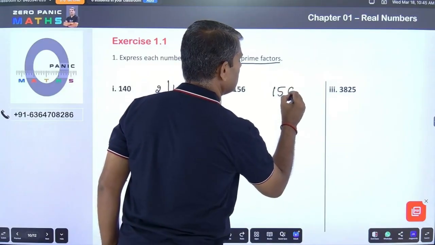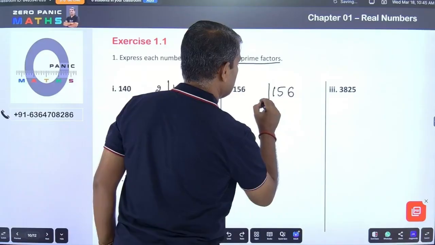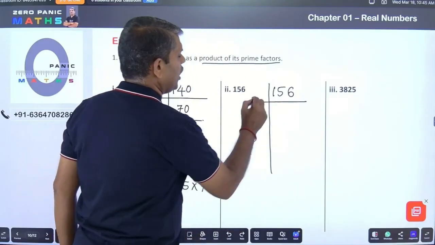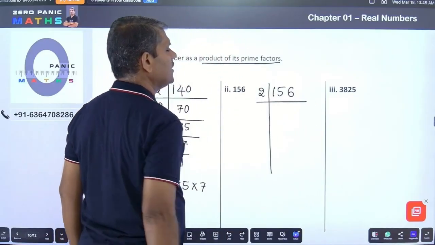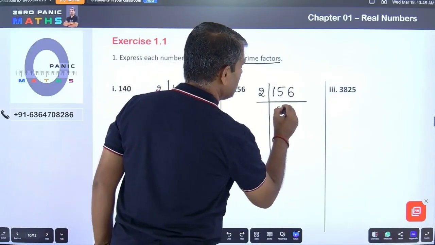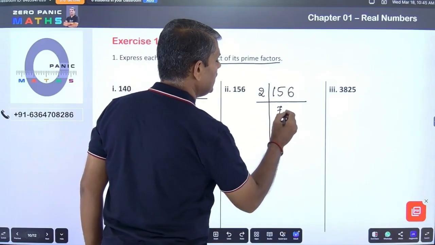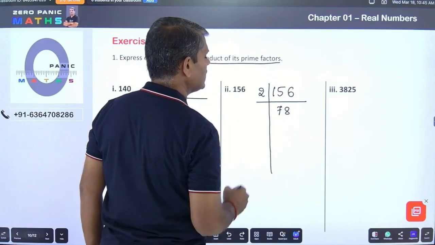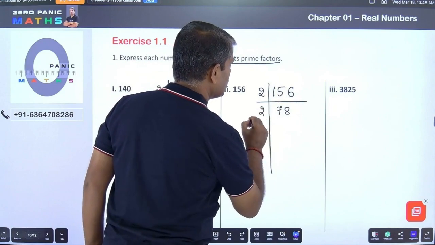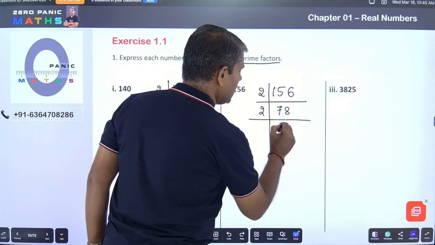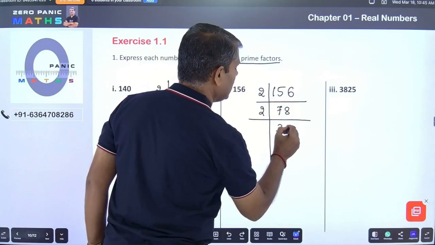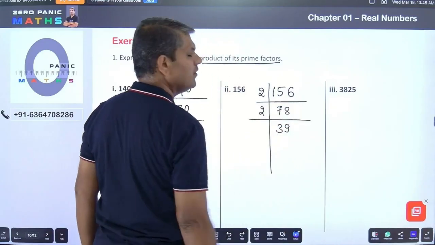156. Start with 2 as its first factor. 2 sevens are 14, 1 remains, it became 16, 2 eights are 16. It can still go with 2: 2 threes are 6, 1 remains, 18, 2 nines are 18.